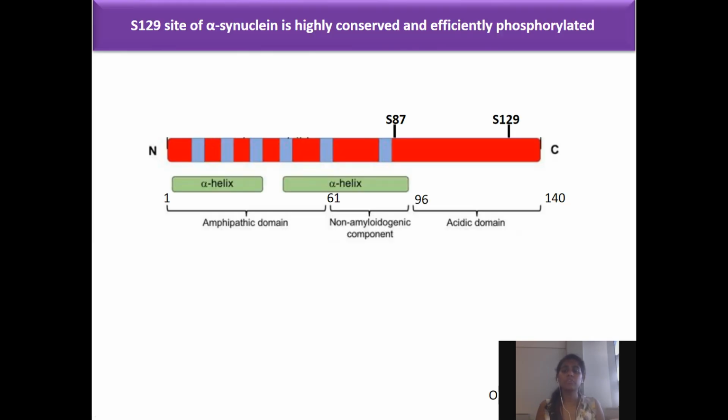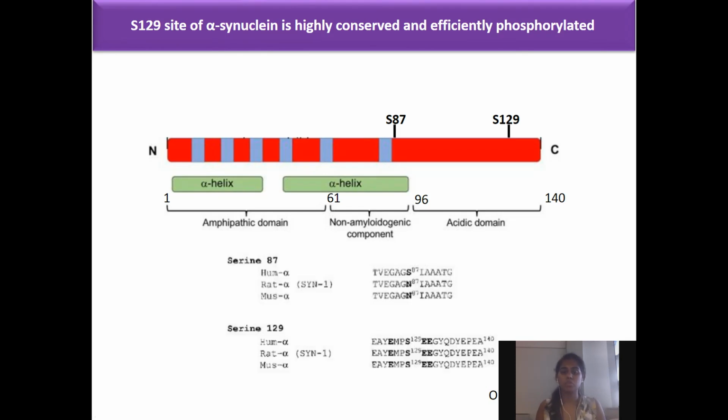Next, we wanted to test if phosphorylation contributes to presynaptic localization. As mentioned before, alpha-synuclein has 2 serine residues which can be phosphorylated, but of these, the S129 site has been shown to be more efficiently constitutively phosphorylated, and the 129 site is highly conserved in mammals as opposed to the serine 87 site.